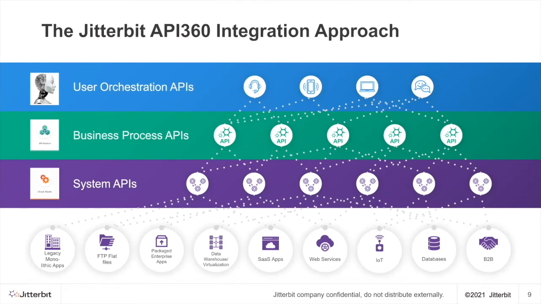Then they expose that integration as an API using our APIM platform. And finally, they use low-code, no-code tools to build applications on top of that API. So what Jitterbit offers is a complete end-to-end solution for the customers.